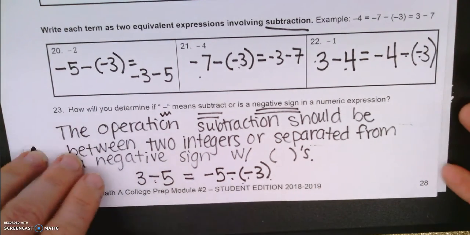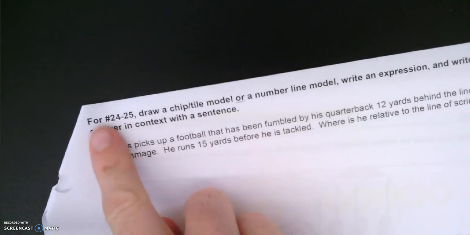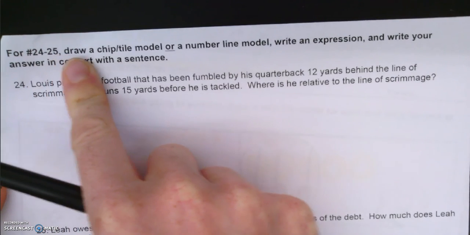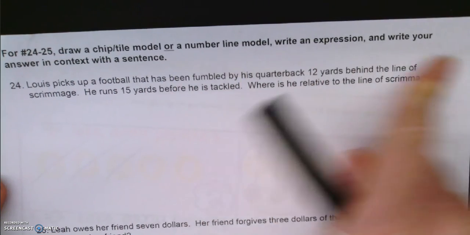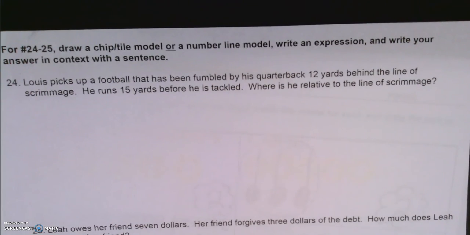Great! Let's turn the page and finish up our lesson. For number 24 through 25, please track with me. Draw a chip model or a number line model, write an expression, and write your answer in context with a sentence. Let's read those again because that's a lot of things to do.